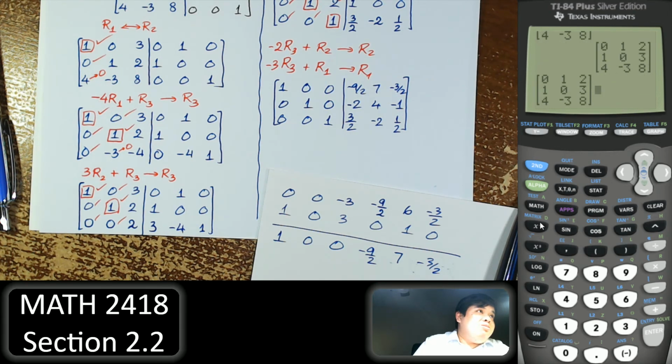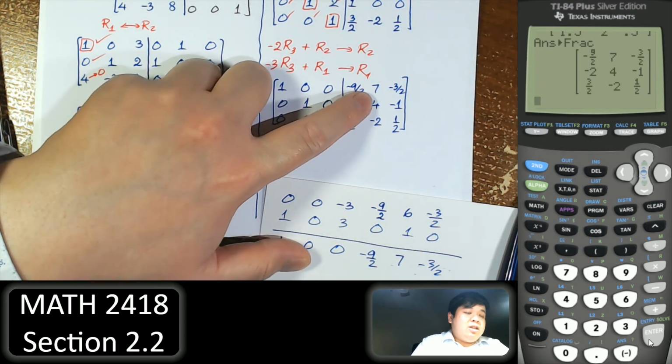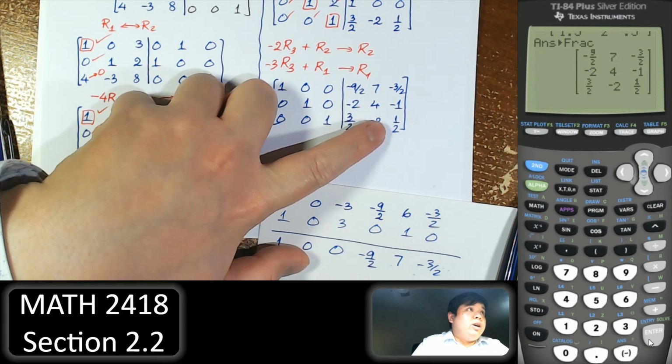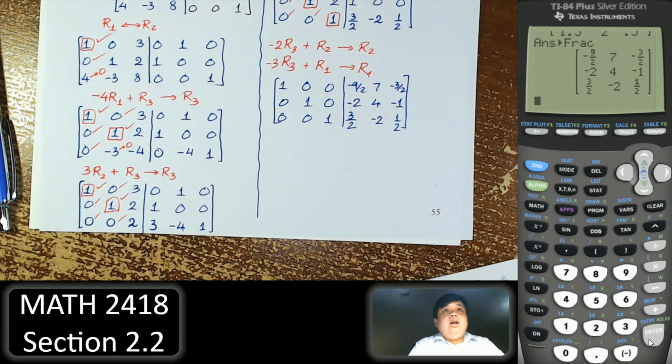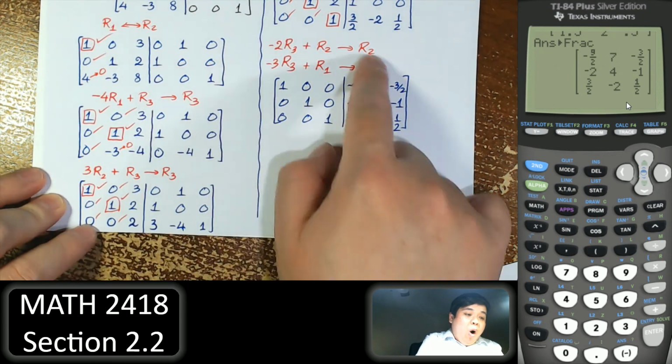I keep forgetting the inverse. Right. Let's convert it to fraction. Math. Fraction. Right. Negative 9/2, 7, negative 3/2, negative 2, 4, negative 1, 3/2, negative 2, 1/2. Even though I make some mistakes entering, it always gets the answer immediately, as opposed to doing all of that by hand.